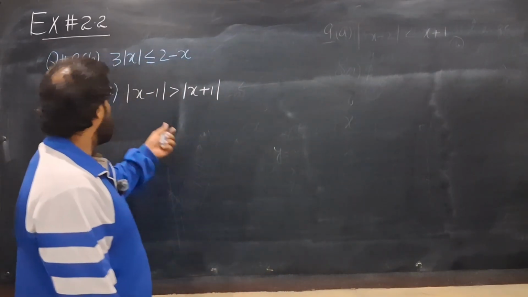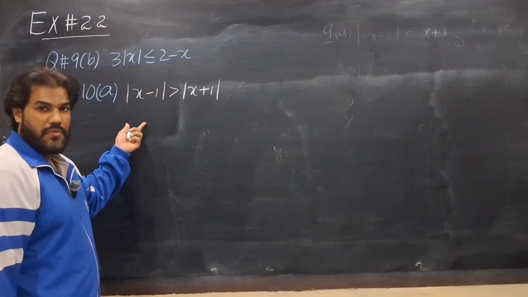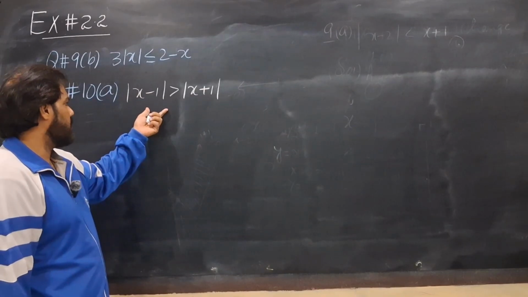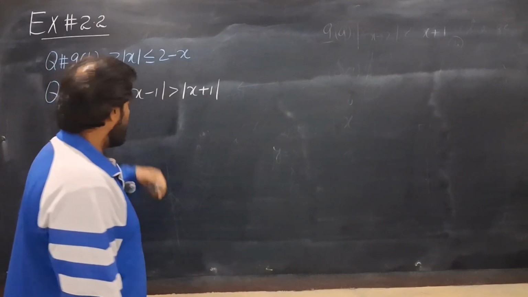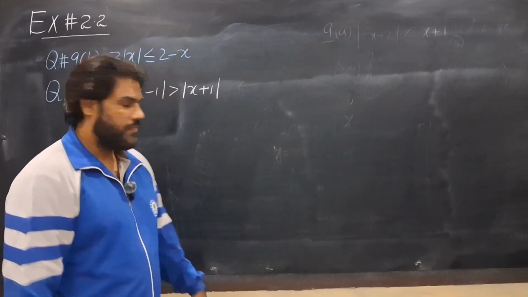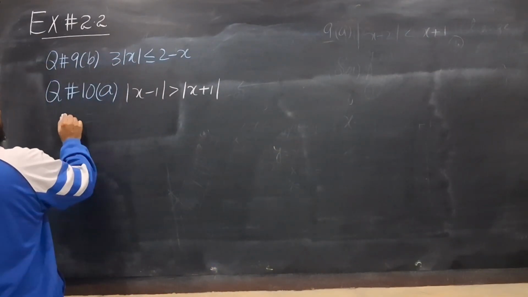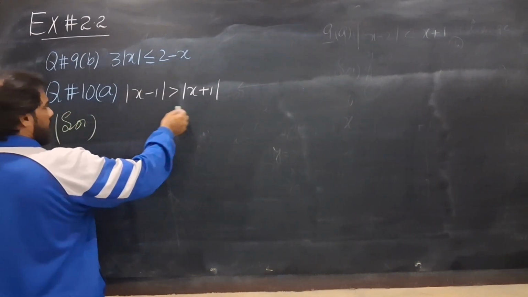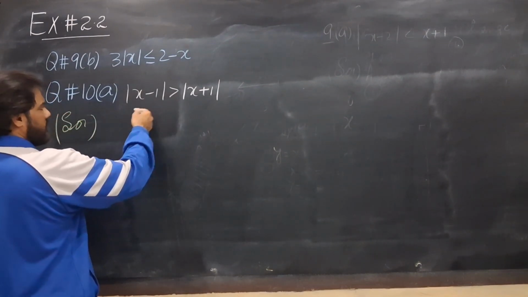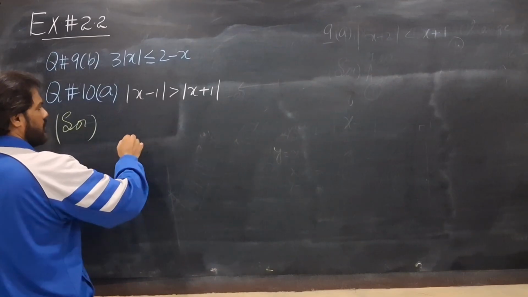Next, we will discuss question number 10a. We have the given inequality |x minus 1| greater than |x plus 1|. We have to just find the solution of this inequality without sketching the graph. Can we write it by dividing |x minus 1| on both sides?